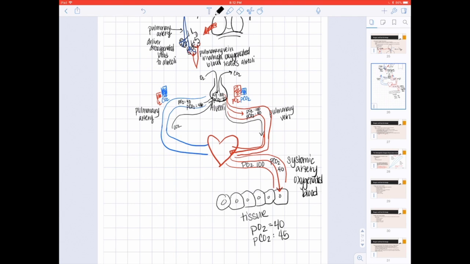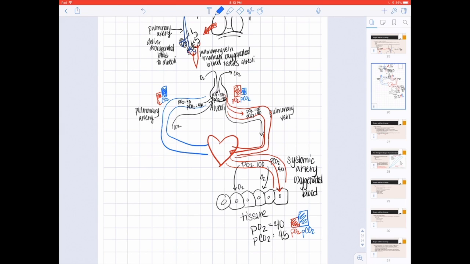And so because of that, we're going to see oxygen traveling from high to low. So it's going to be traveling from that systemic artery where its partial pressure is 100 to a lower concentration in the tissue that has a partial pressure of 40. So let's just draw those partial pressures again in the tissue. So that's why oxygen is going to be released into the tissues.